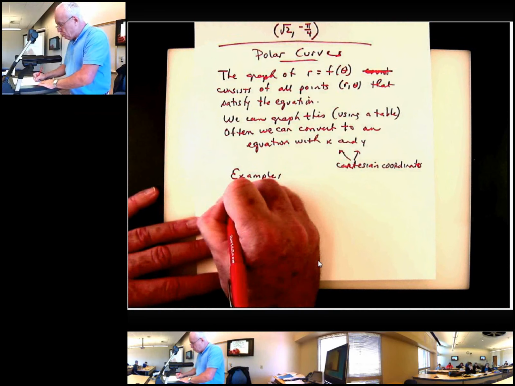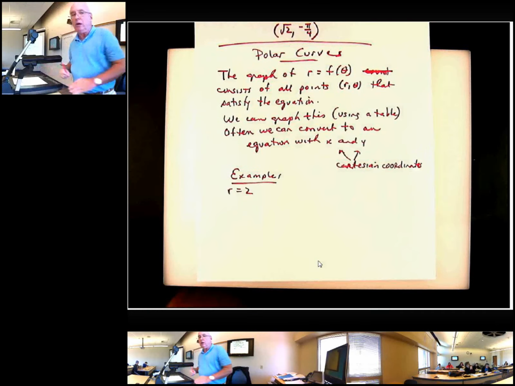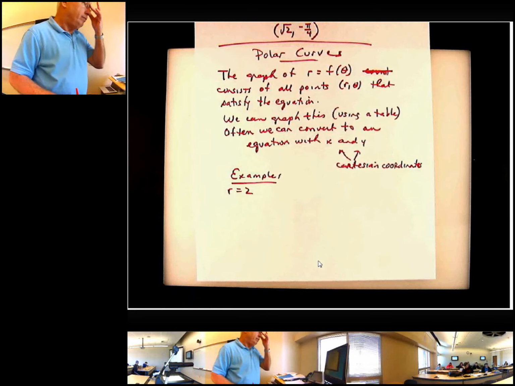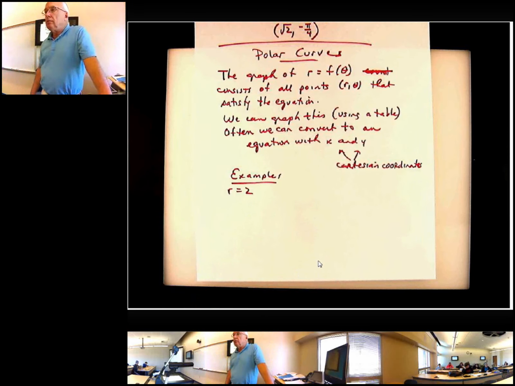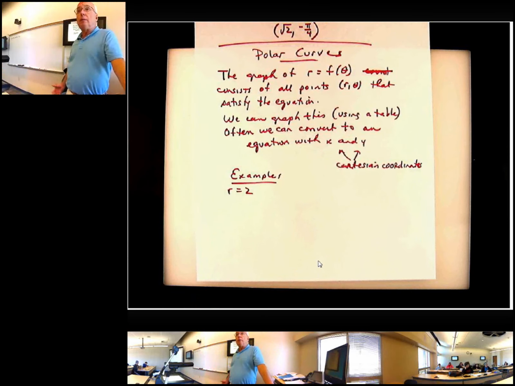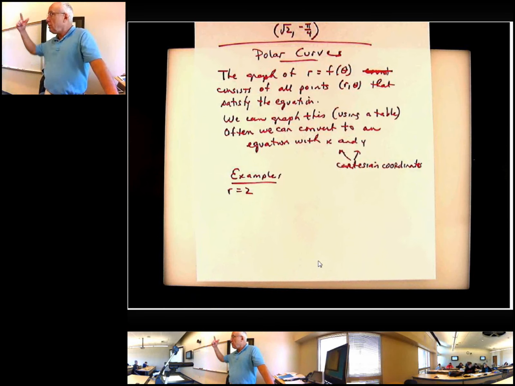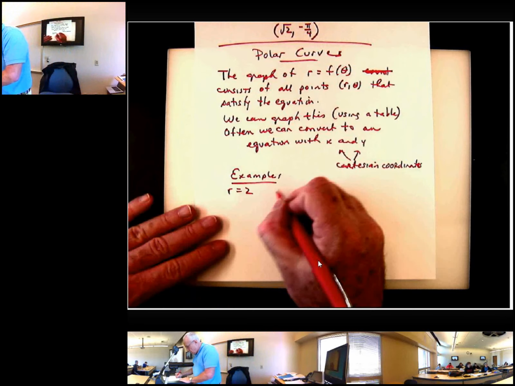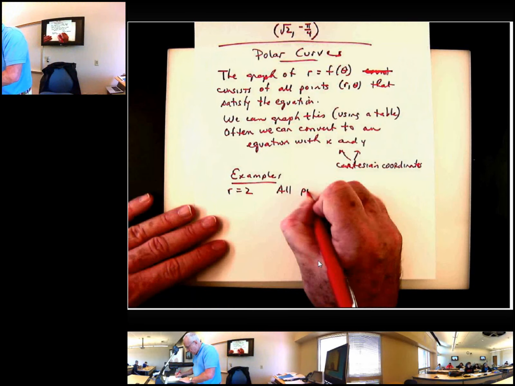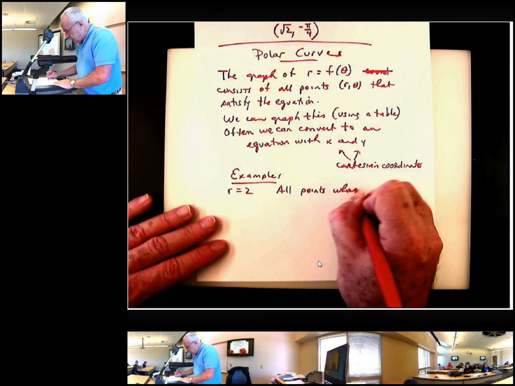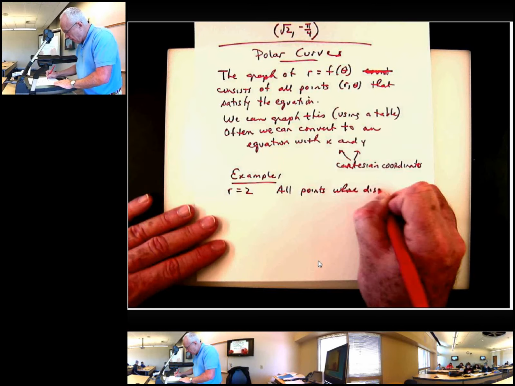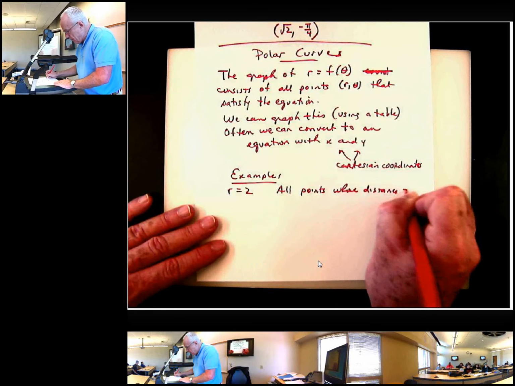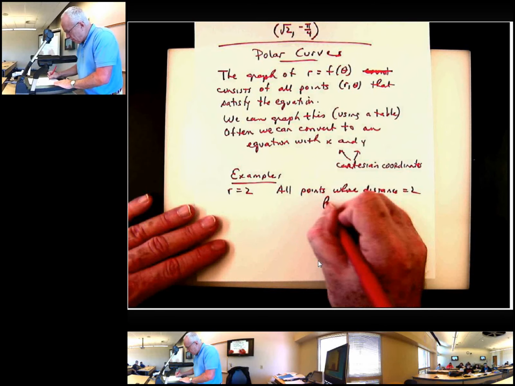The first polar curve is just this. r is equal to 2. So what this means is this is all the points that have a distance of 2 from the center point. All points whose distance equals 2 from the pole.